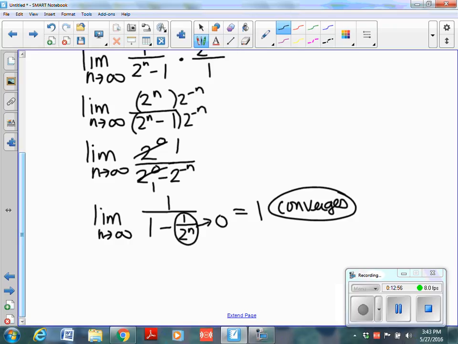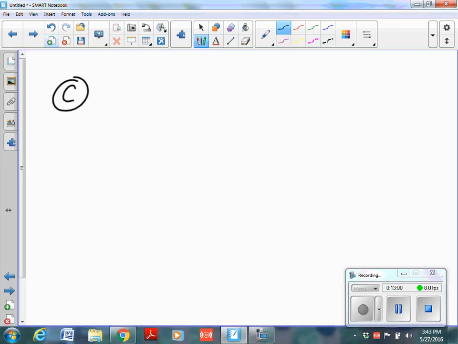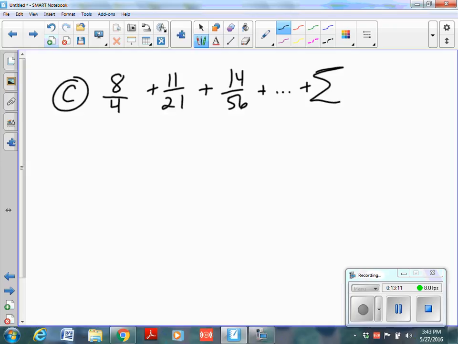I've got one more, and here's my last one. 8/4 plus 11/21 plus 14/56 plus dot dot dot, and here's my formula: the sum from n equals 2 to infinity of (3n plus 2) over (n cubed minus 2n). So I'm going to find the limit as n approaches infinity.